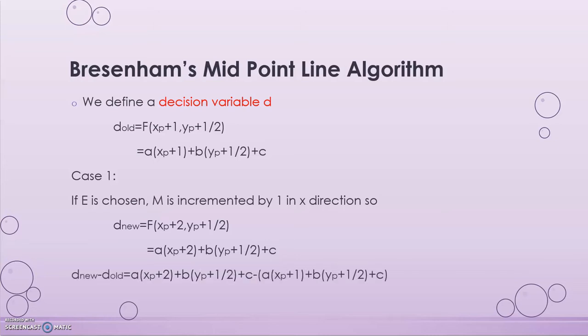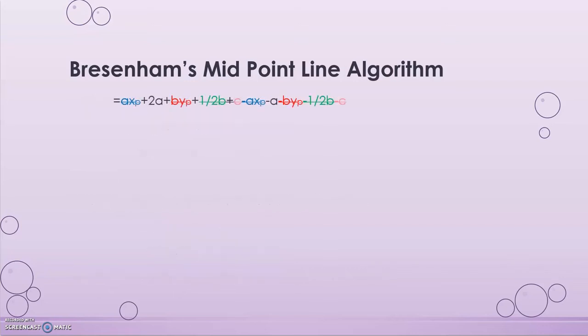Then d new minus d old: a xp and minus a xp get cancelled, marked in blue, and b yp and minus b yp, marked in red, also get cancelled. Half b and minus half b, marked in green, are also cancelled.